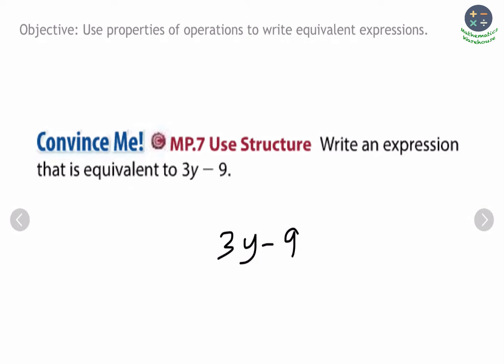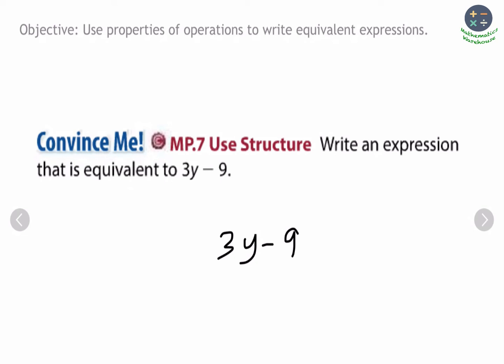Can we use the associative property? Also no, because here we don't have 3 terms, we just have 2 terms. And even if we had 3 terms, we have subtraction, and the associative property does not work with subtraction.